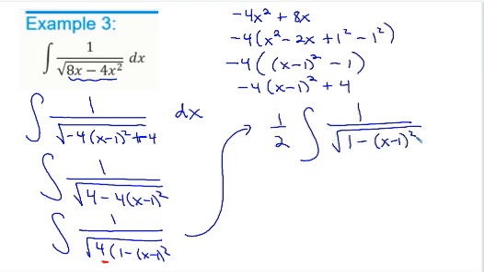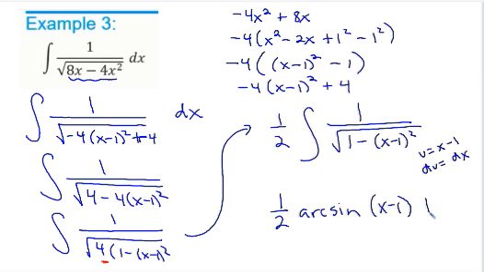And this should look familiar to you. This is arc sine. All right? Obviously, I'd have to do a u substitution and make u equal x minus 1, but it's pretty easy because my du is just dx. All right? So what I have is 1/2 times the arc sine of x minus 1 plus c.